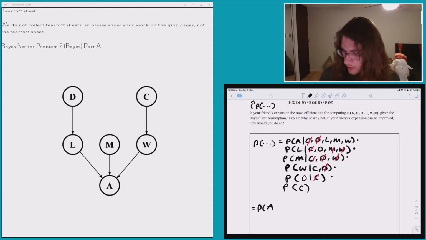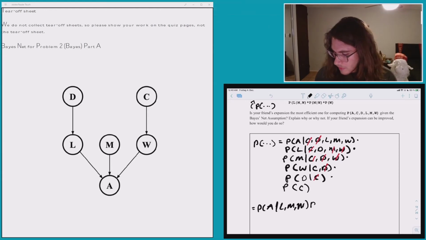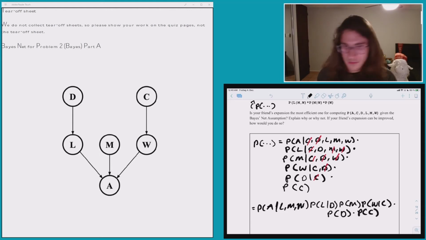Probability of A given L, M, W, probability of L given D, probability of M, probability of W given C, times the probability of D, and the probability of C.